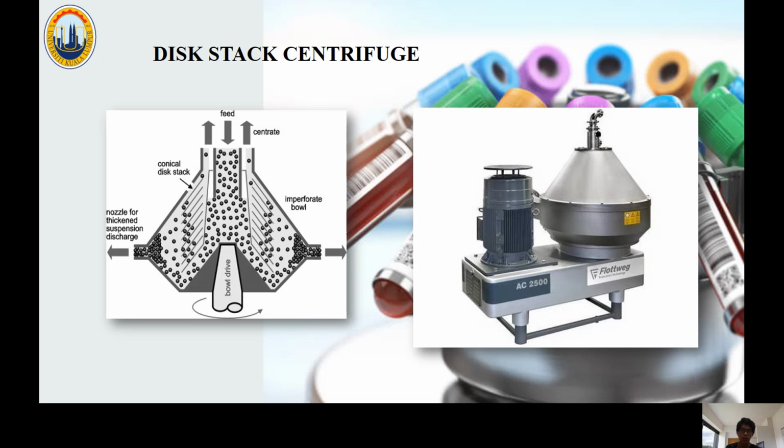We can see that the feed enters from the top of the centrifuge, and we can also see the discs inside the centrifuge, whose function is to separate the solid and the liquid. And there are nozzles for thickened suspension discharge on both sides of the disc stack centrifuge.